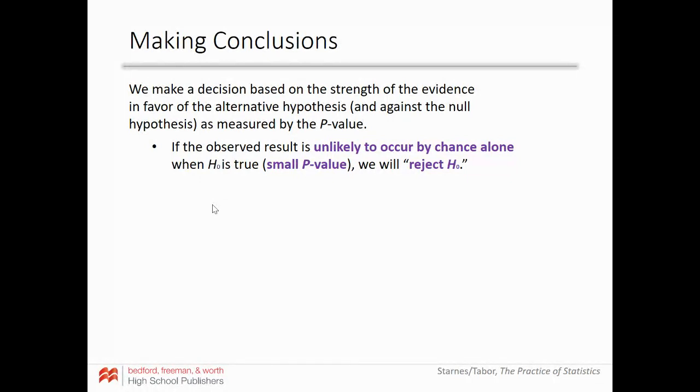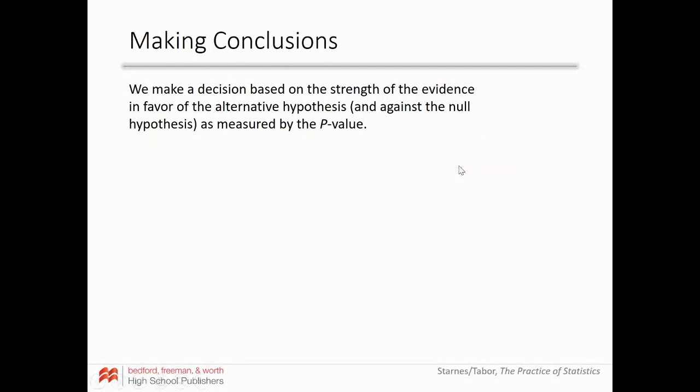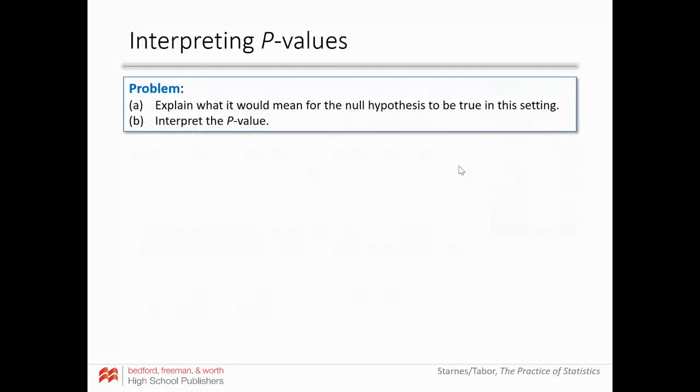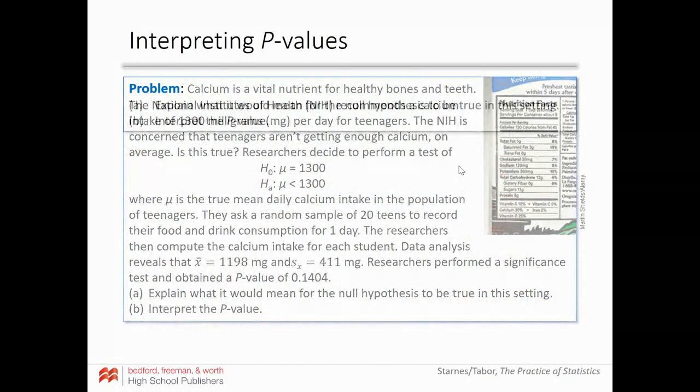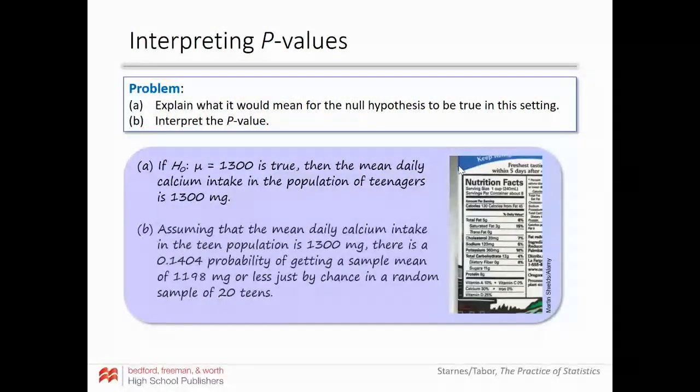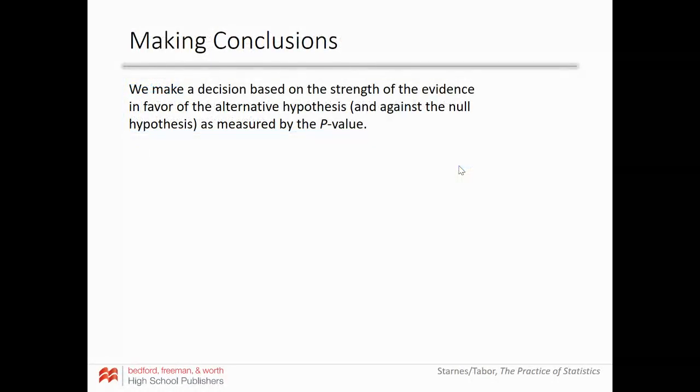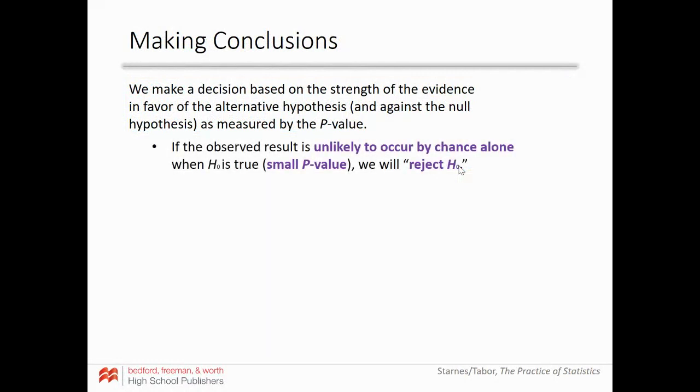If the observed result is unlikely to occur, like in that first example, where the p-value is super small, 0.0075, so the observed result is unlikely to occur by chance alone when H naught is true, we will reject H naught.